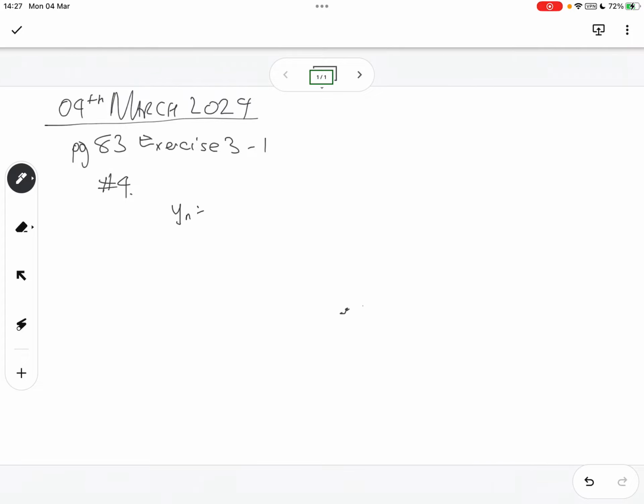So we must first consider that the ball covers a total height of initial velocity plus half acceleration due to gravity times 2n minus 1.